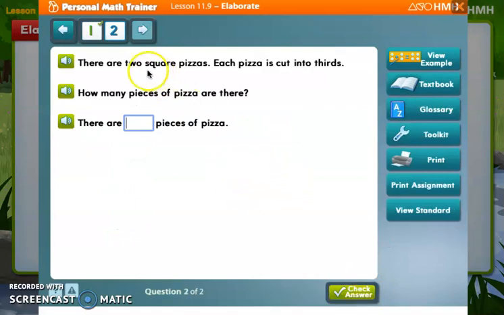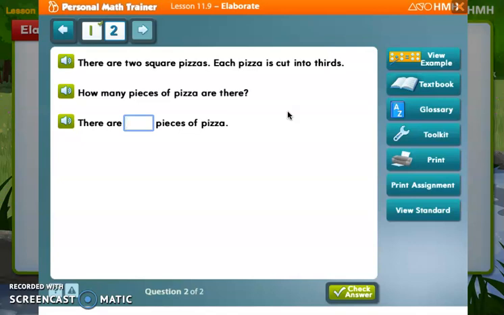It says there are 2 square pizzas. Each pizza is cut into thirds. How many pieces of pizza are there? So that's actually a tricky one. One pizza is cut into thirds, so we know that's 3 pieces.